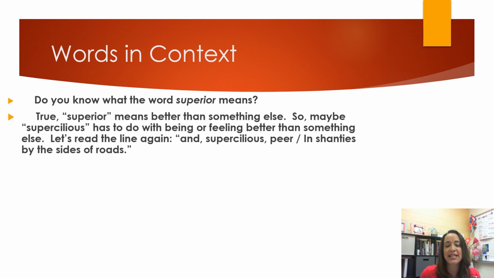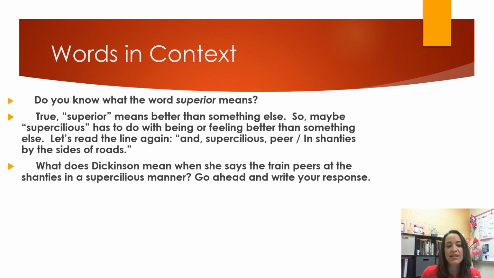Superior means better than something else. So maybe supercilious has to do with being or feeling better than something else. Let's read the line again. And supercilious peer in shanties by the sides of roads. What does Dickinson mean when she says the train peers at the shanties in a supercilious manner?